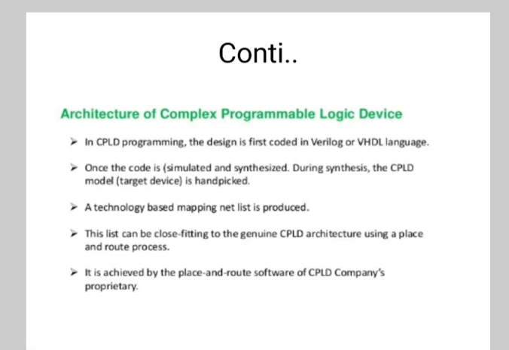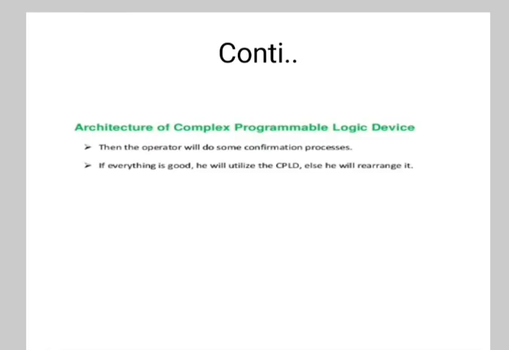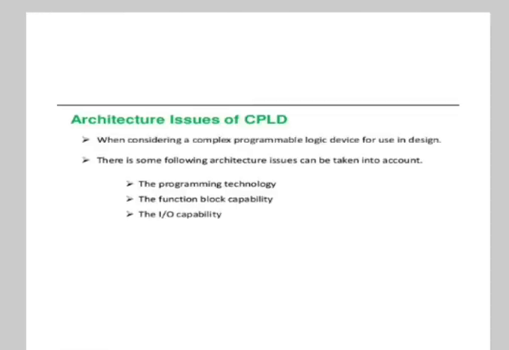A technology-based mapping netlist is produced. This list can be fitted to the CPLD architecture using a place and route process. It is achieved by the place and route software of the CPLD company's priority. Then the operator will do some confirmation process. If everything is good, then he will utilize the CPLD, else he will rearrange it.